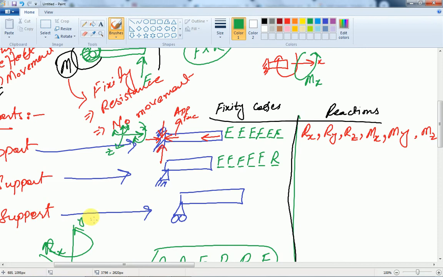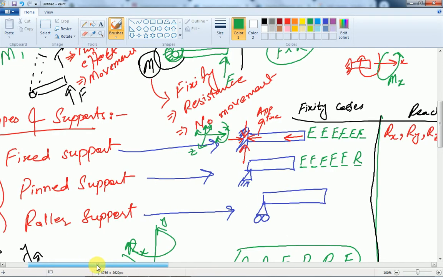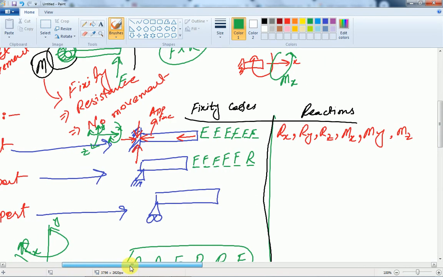Now for the pin support, we should summarize how the pin support will react from these fixity codes.